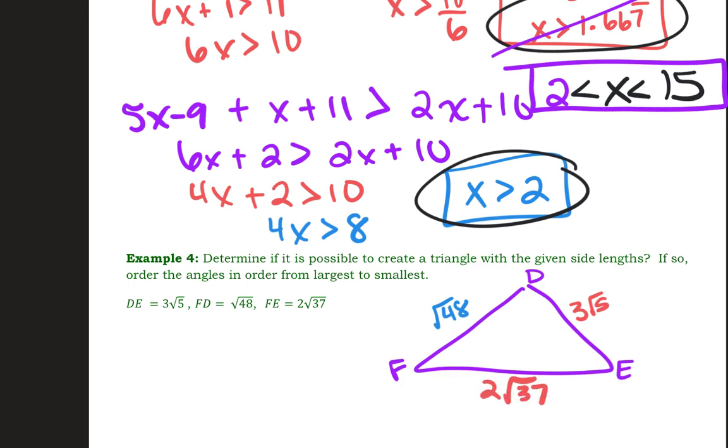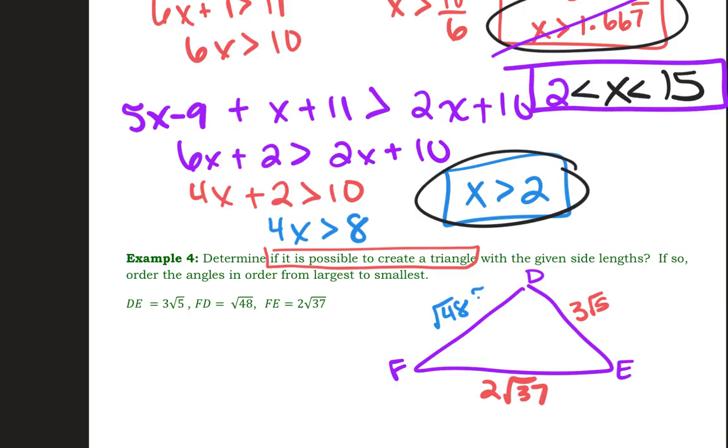Now, first it says, determine if it even makes a triangle. Now, we just sketched it assuming it was going to be one, but let's make sure it does create one. All right, so let's go ahead and do the square root of 48. Can someone give me the square root of 48 rounded to the 10th place? 6.9. All right, so this is going to be about 6.9.